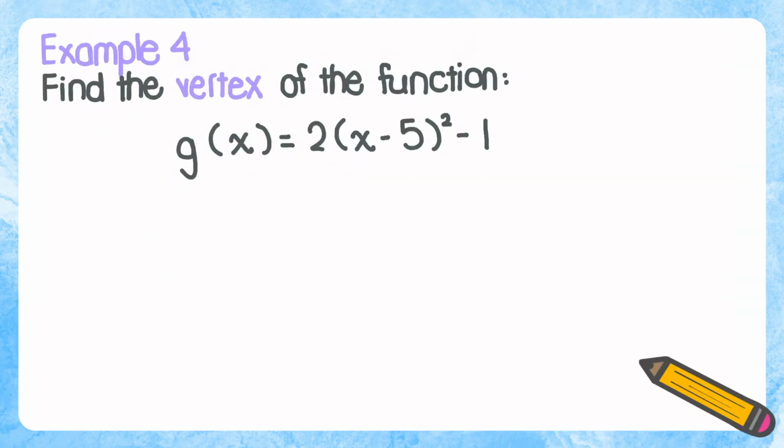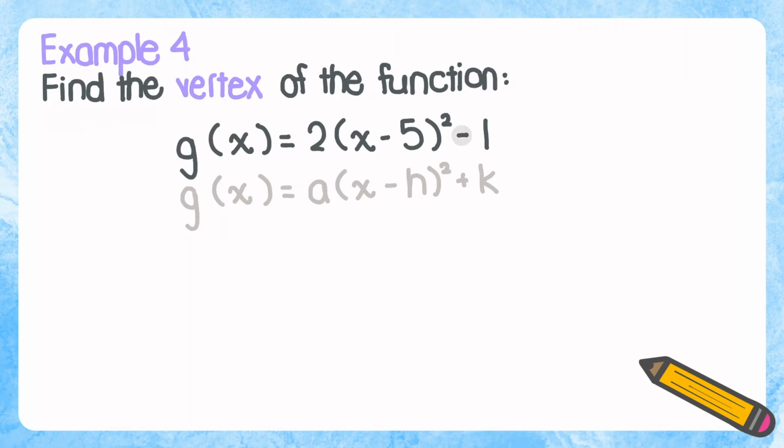For example 4, let's find the vertex of the function g of x equals 2 times x minus 5 quantity squared minus 1. The vertex form is g of x equals a times x minus h quantity squared plus k.